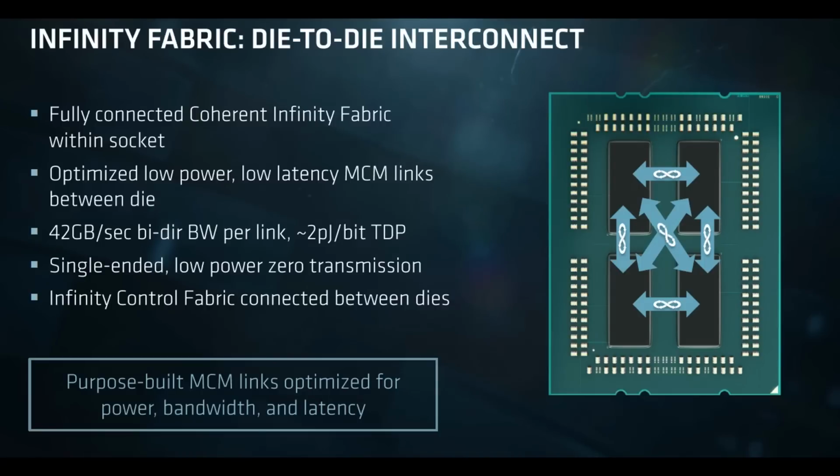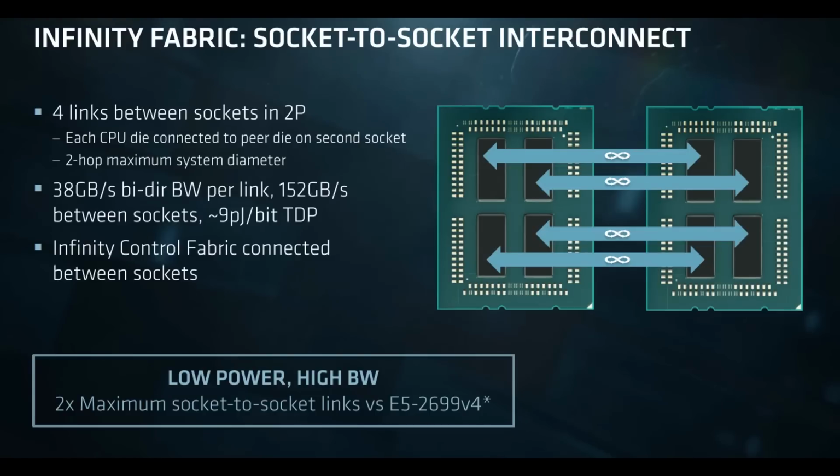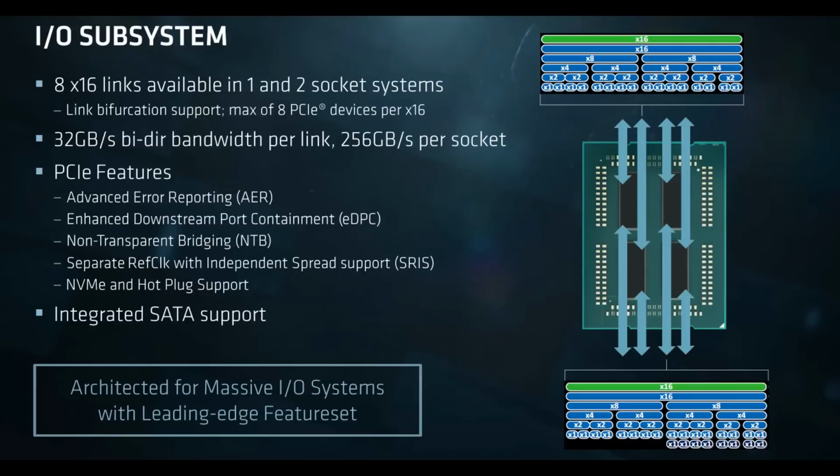Each die is connected on an on-package Infinity Fabric link. Then those Infinity Fabric links also have the ability to link between packages, and each die also has the PCIe subsystem.